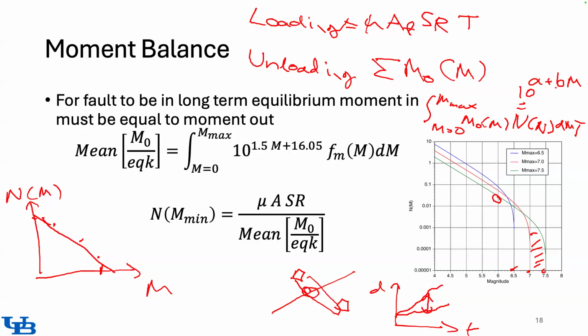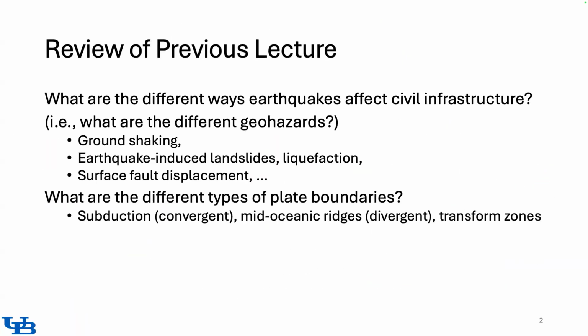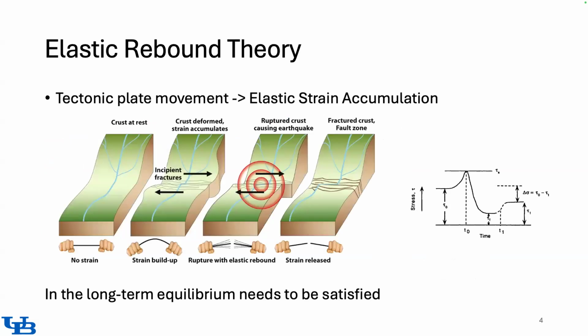Correct. So the unloading is all the energy that is released by the earthquakes, and the loading is all the energy that has been accumulating in the fault because of the deformation of the tectonic plates. Maybe does this first slide make sense?